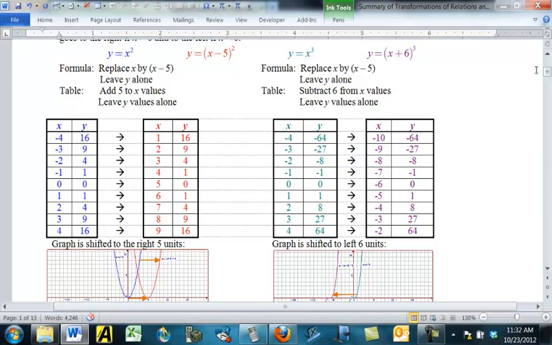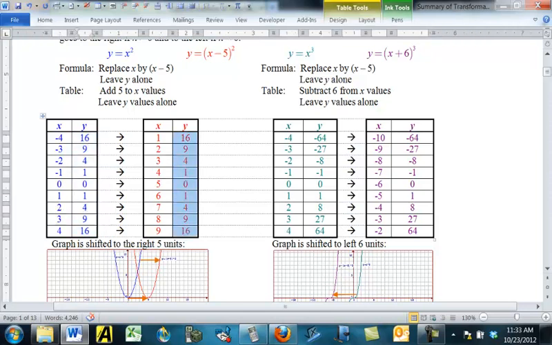So what we're going to do is actually add 5 to the x's and leave the y's alone. And notice I've done this in such a way that these tables line up, so the y values are the same in both. They're lined up image and pre-image like this. So they have the same y value, but the x is different. How do I get the x? I took the original x and added 5 to get the new one. So negative 4 plus 5 is 1, 1 plus 5 is 6, 3 plus 5 is 8. But I left the y values alone.